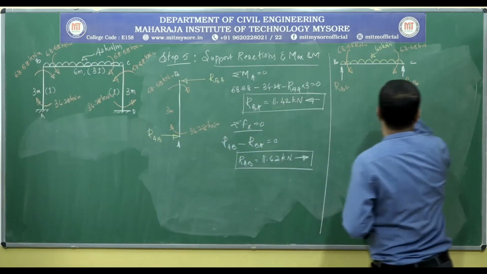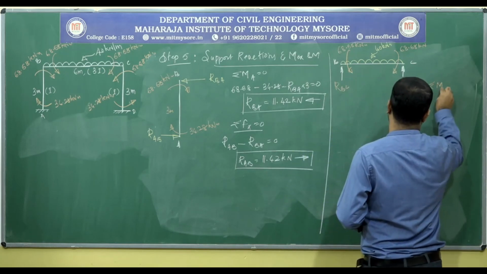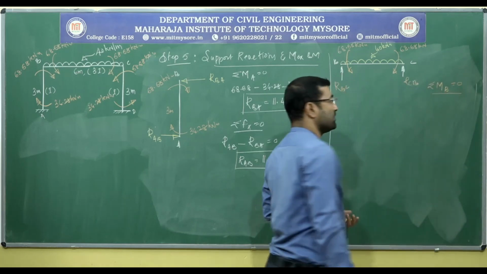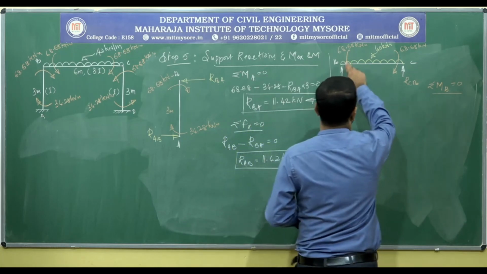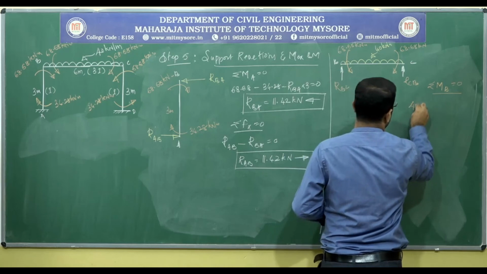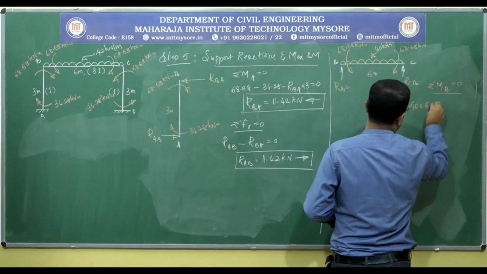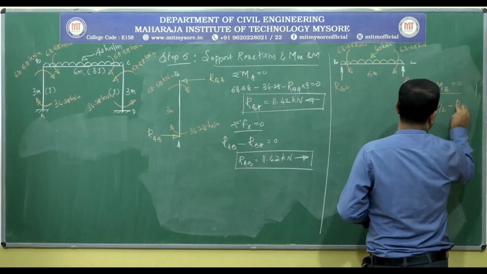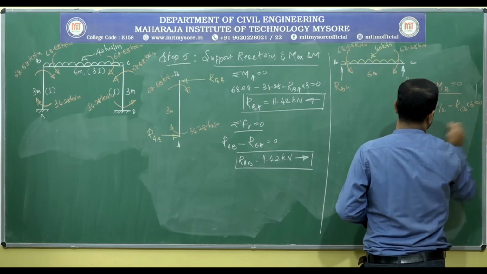Now, to calculate the support reactions, if I impose the moment condition, that is, the algebraic sum of moments at point B must be equal to 0, then you can see this 40 kilonewton per meter creates a clockwise moment: 40 into the span, which is 6 meters, into 6 by 2, minus RCB into 6 equals 0.